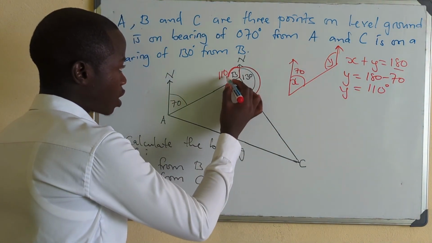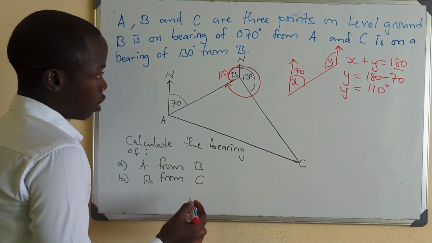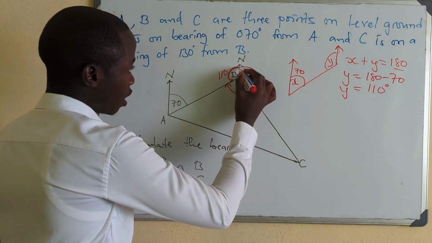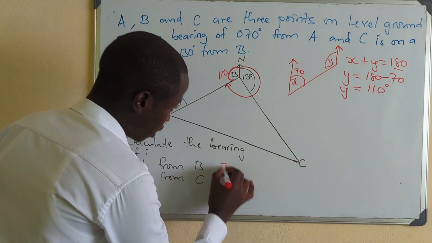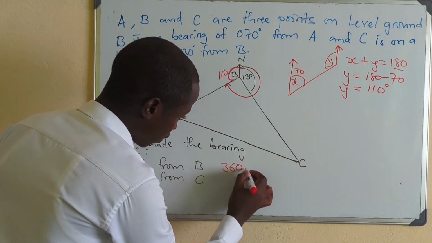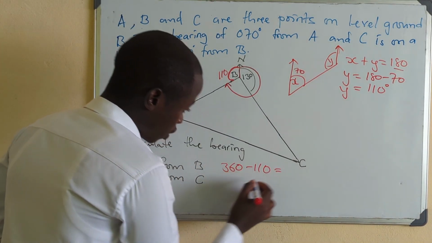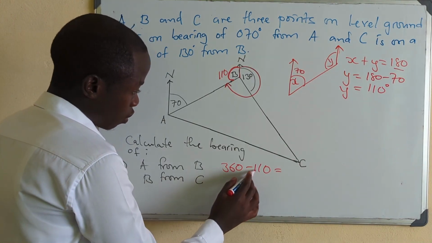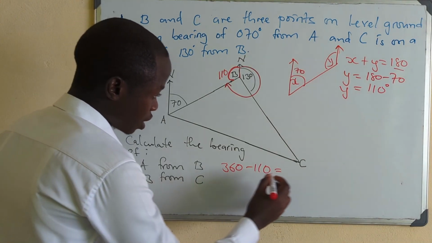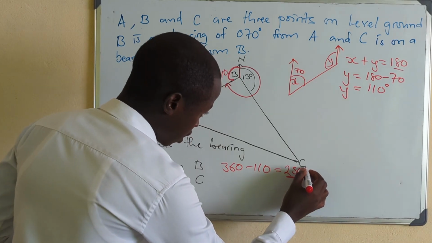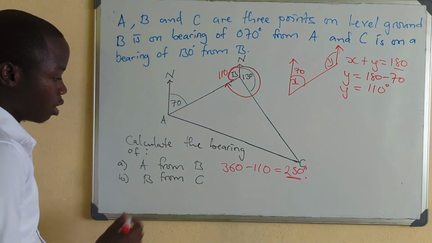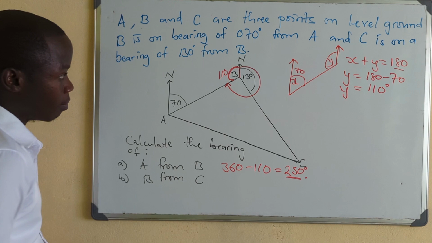Now we subtract this 110 from 360, which gives us 250. And this is our bearing of A from B.